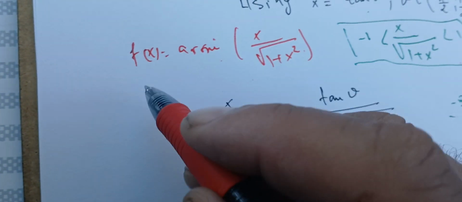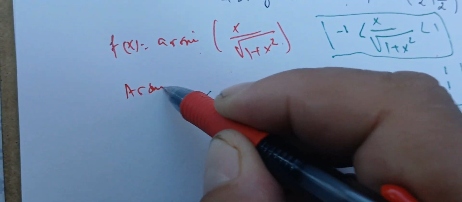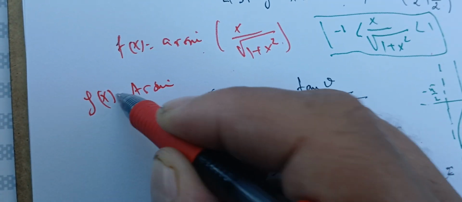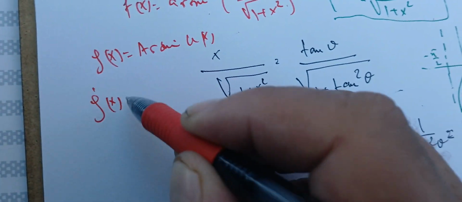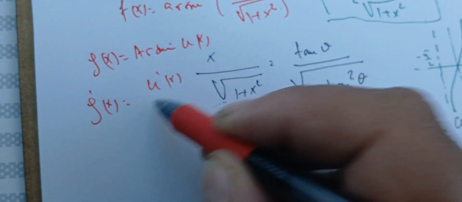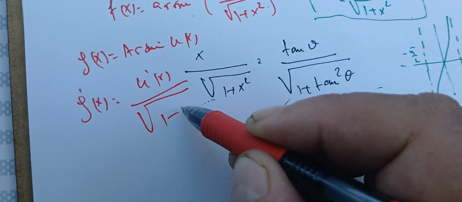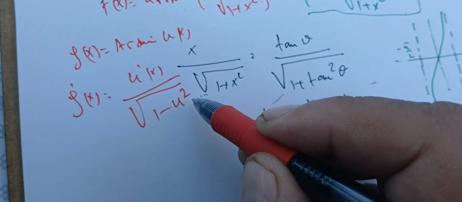We remember that for the arcsine, let me call it another function, g of x equals arcsine of u of x, the g prime of x is u prime of x over the square root of 1 minus u squared of x.